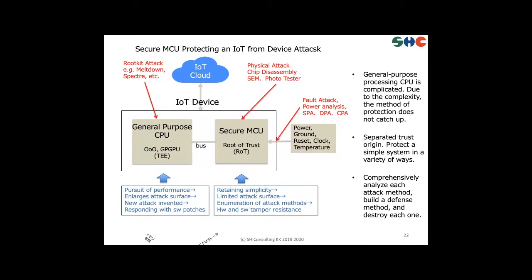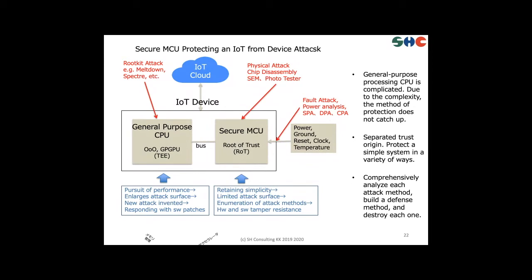The reason is that a secure MCU can be made as simple as possible so that it cannot be broken, whereas a general purpose CPU has to be updated for performance, and therefore is more subject to attack. But for a simple MCU, the attacks are at least well known. All the methods of attack can be categorically listed, and countermeasures put in place.